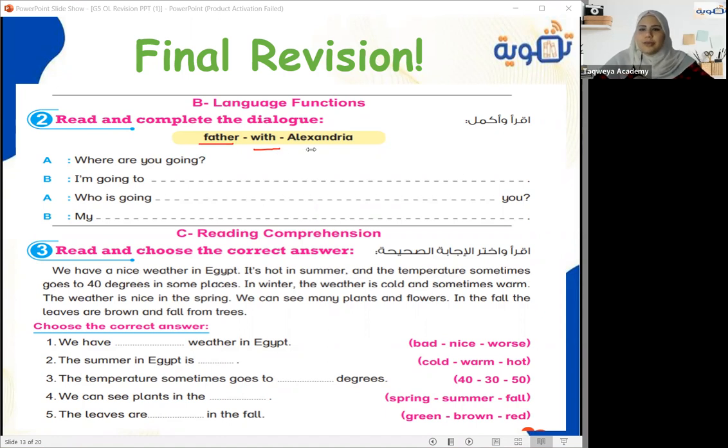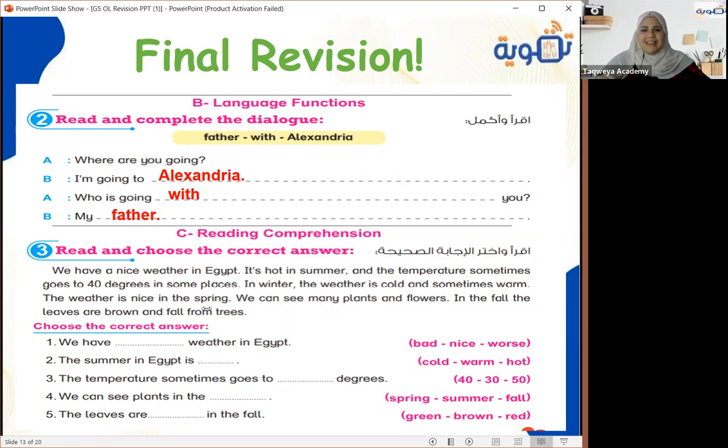No. I'm going to, yes, Alexandria. Then A is asking, who's going? You. Who's going, father, you? No. Who's going with you? Then B will say, of course, we have only 1 word, so that's my father. Again, read carefully, then get the answer.